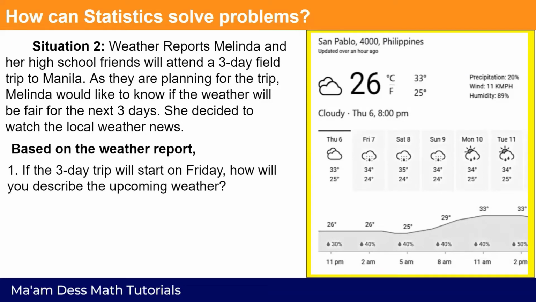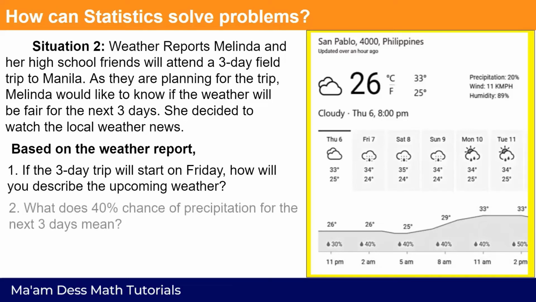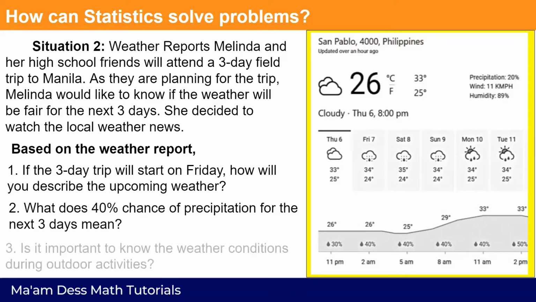If the 3-day trip will start on Friday, how will you describe the upcoming weather? Number 2, what does 40% chance of precipitation for the next 3 days mean? And number 3, is it important to know the weather conditions during outdoor activities?